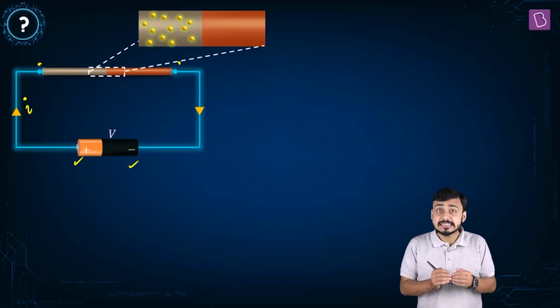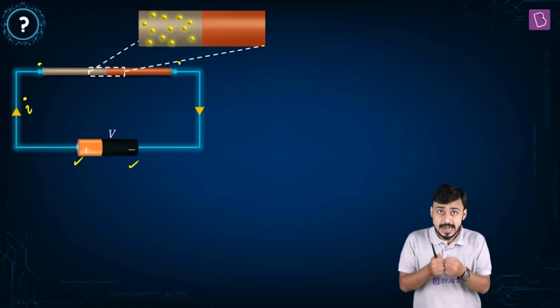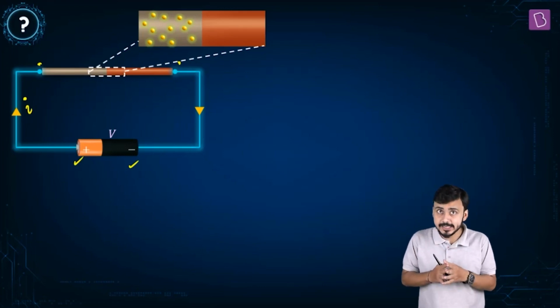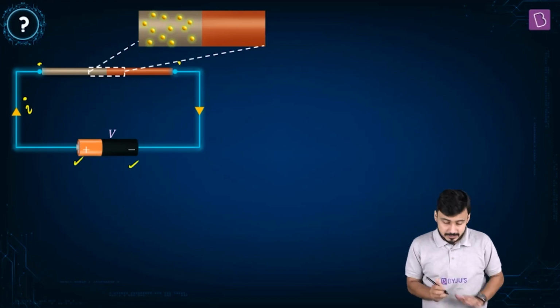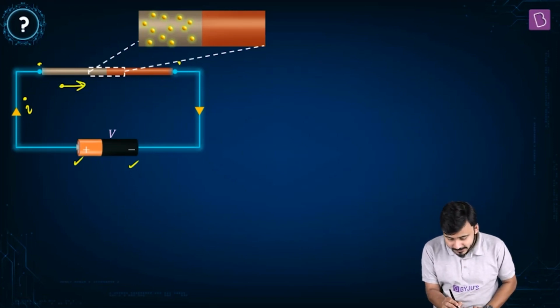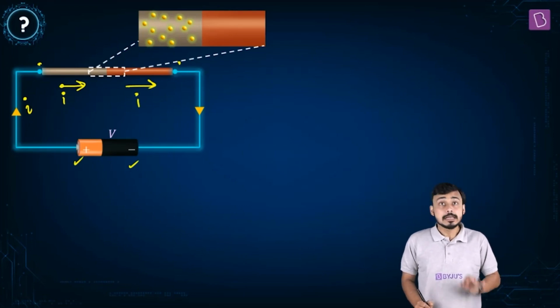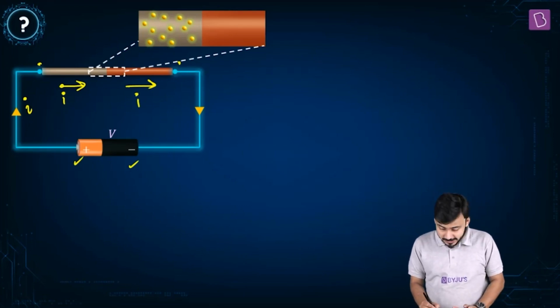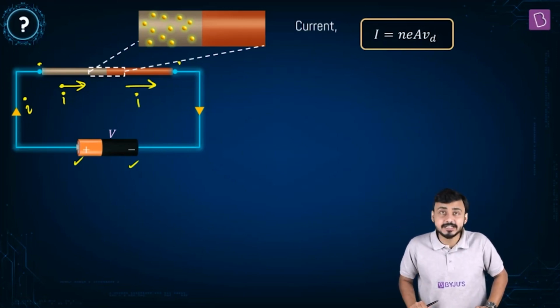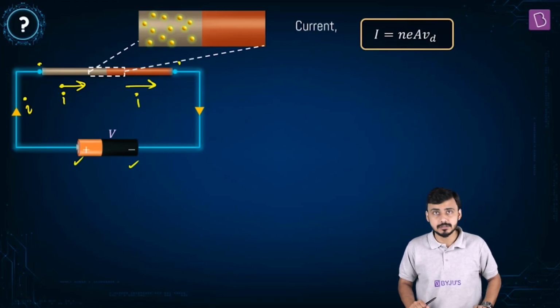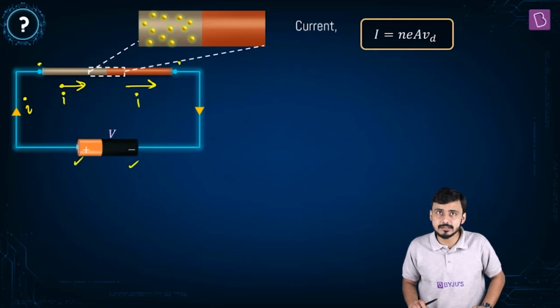Now because they are in series, you might have studied that in theory, or you will study that in theory, that whenever the resistances or the wires are connected in series, the current is same. That means the same current is flowing through both the wires, right? Now in any wire, the current flowing is given by the formula I is equal to NE times area of cross section times drift velocity, NEAVD, correct?